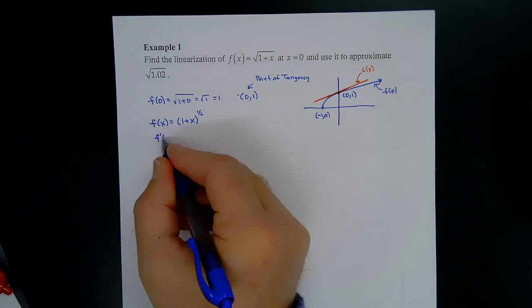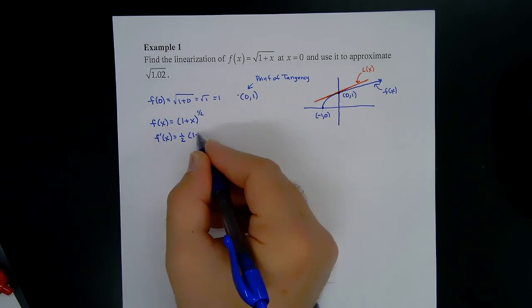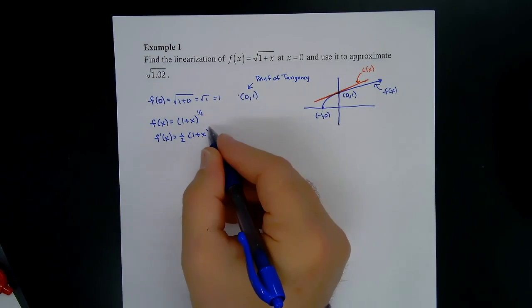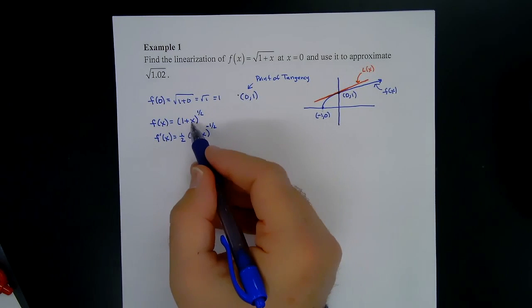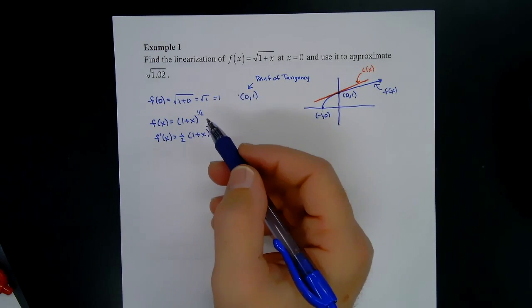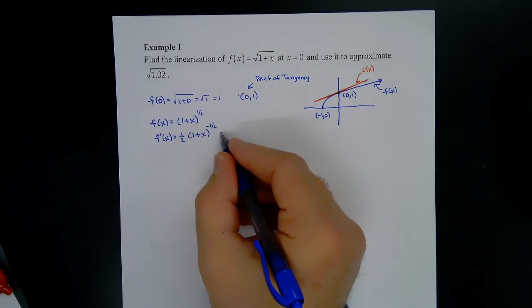So f prime of x would be 1/2 times 1 plus x, subtract 1 from the power, so that would give me a power of negative 1/2, and then times the derivative of the inside here. So the derivative of x would just be 1. So we don't really need to write it, but you could if you really wanted to.